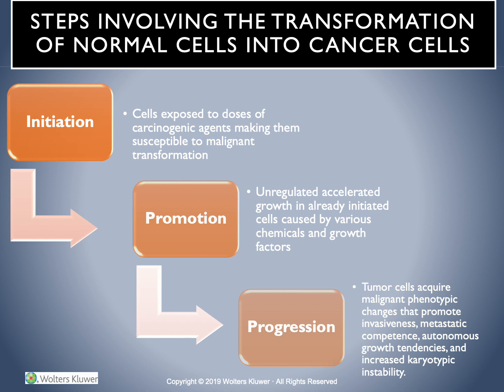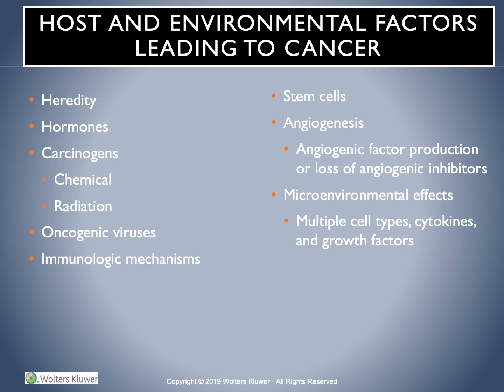Progression leads to the development of a malignant tumor, which has the ability to invade nearby tissues and potentially metastasize to distant sites. As mentioned in the previous slide, there are a host of environmental factors that can lead to cancer.